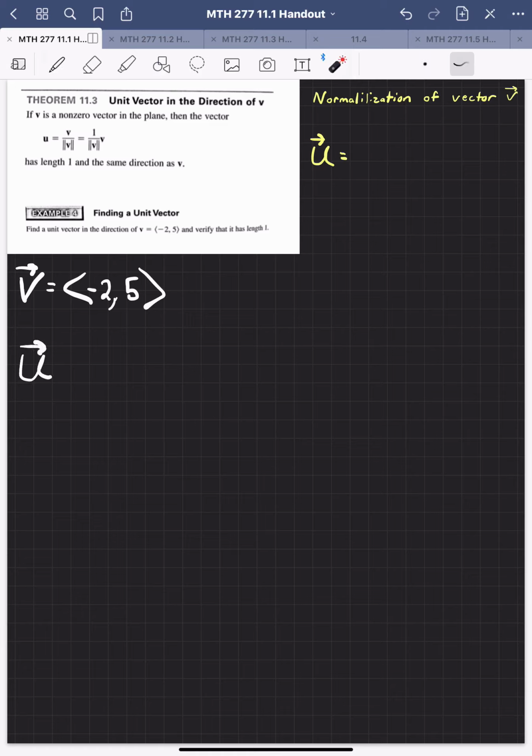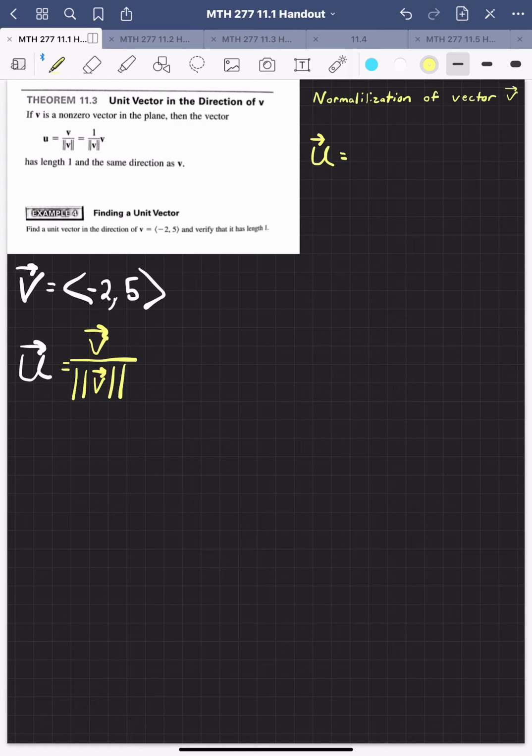What we demand is that u be in the same direction as v, but have a length of 1. How do we do this? As I stated, the formula, which I'm going to write here: u is vector v divided by the magnitude of vector v.